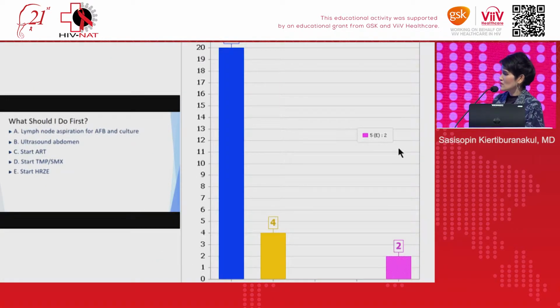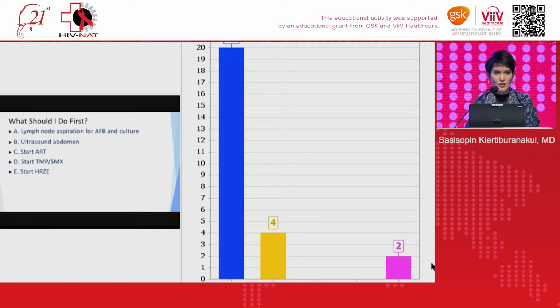Okay, we can see both the voting score and the choices. Most of you chose lymph node aspiration to see whether this is tuberculosis or not, so we can send for acid-fast bacilli staining and culture. Some of you chose ultrasound because he has an abnormal liver function test.